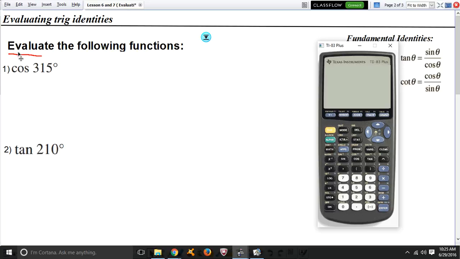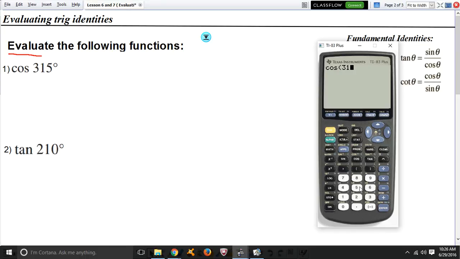When you're evaluating, you need to make sure that your calculator is in degree mode. To check it, you press mode and make sure it's under degree. Now it's in degree. I'll press enter, then second quit, and then I can just evaluate it. I want the cosine of 315.